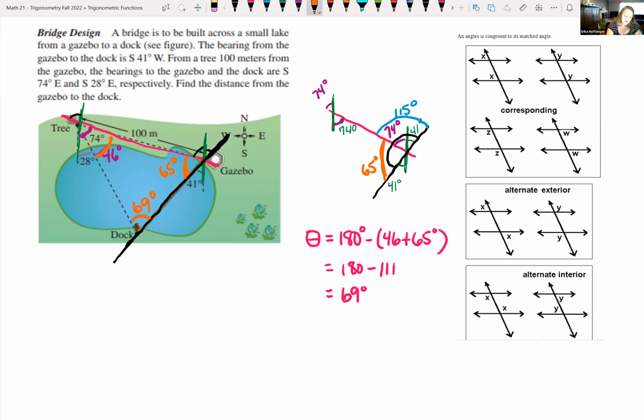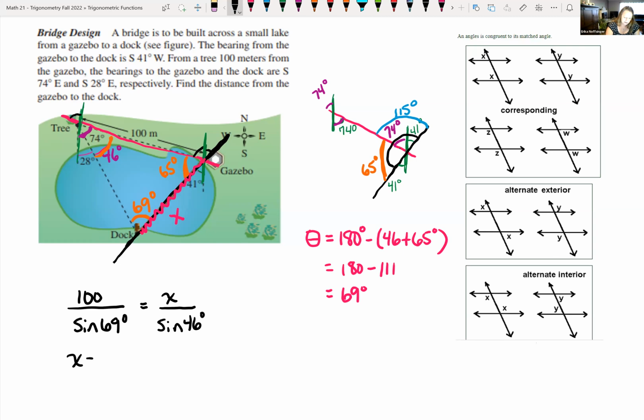We are trying to find this length in here, our bridge. Let's call it X. So we have angle 69 degrees across from the side of 100 meters. So I have 100 meters all over sine of the angle across, which is 69 degrees, is equal to the angle across from the side that we want, which is X, all over sine of the 46 degrees.